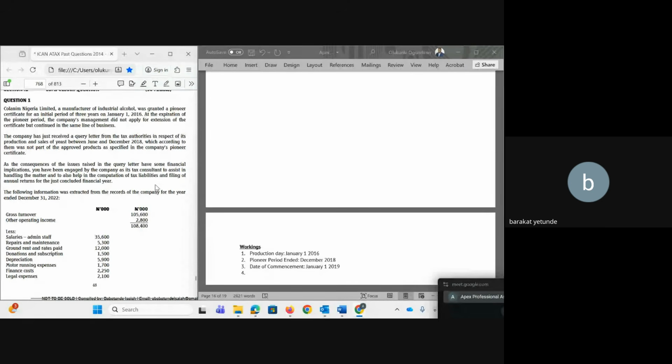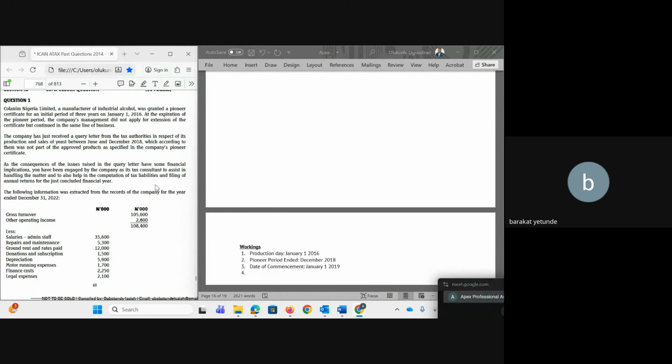At the expiration of the pioneer period, the company's management did not apply for extension of the certificate but continued in the same line of business. The company has just received a query letter from the tax authorities in respect of its production and sales of yeast between June and December 2018, which according to them was not part of the approved products as specified in the company's pioneer certificate.